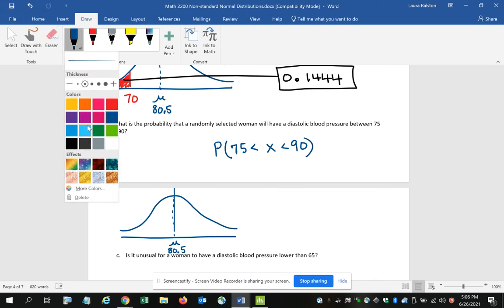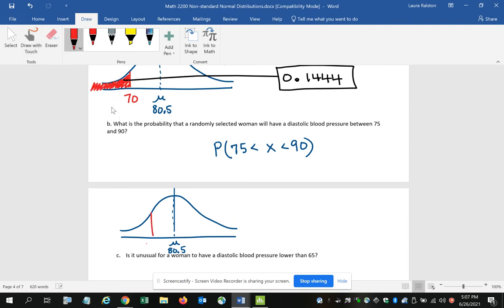Visually, we have 75 on the left side and 90 on the right side, and we're between. The between in Minitab is the middle. Because I'm looking for the probability, my shaded area is defined by the X values.